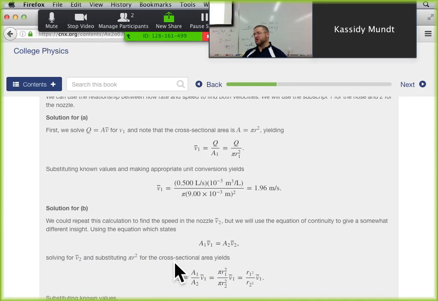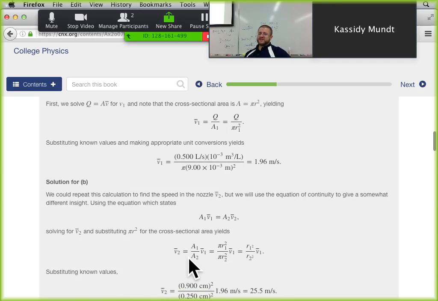So that's about 2 meters per second. I can believe that when I'm holding a hose, the water coming out goes 2 meters in a second, approximately 6 or 7 feet in a second. That makes sense. And then we could do this again for the nozzle, but we also could just use the continuity equation. The continuity equation says that area 1 times velocity 1 equals area 2 times velocity 2.